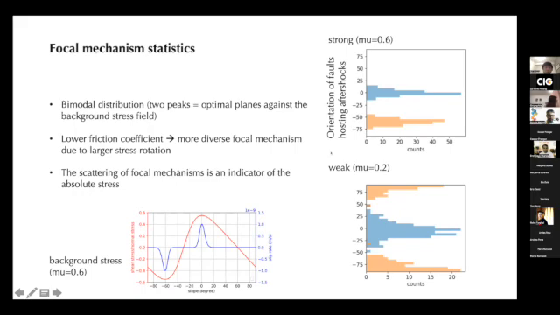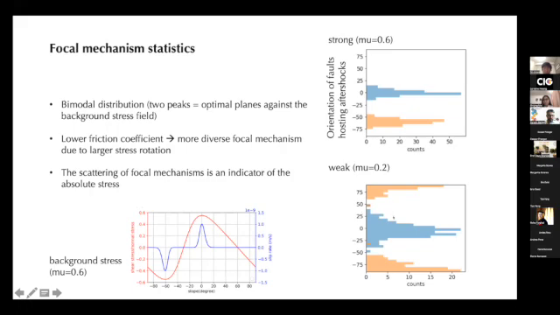If you do the same simulation, but with a smaller friction coefficient and also smaller initial background stress, we get this histogram, which is showing much more diversity in focal mechanisms.